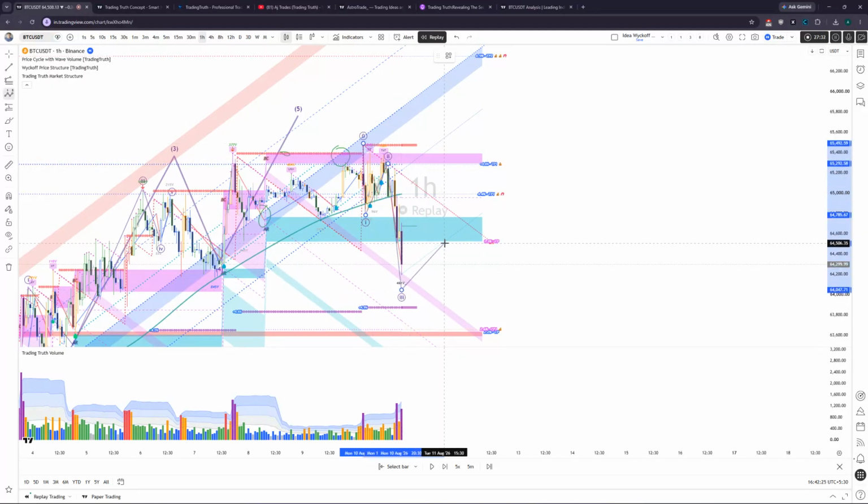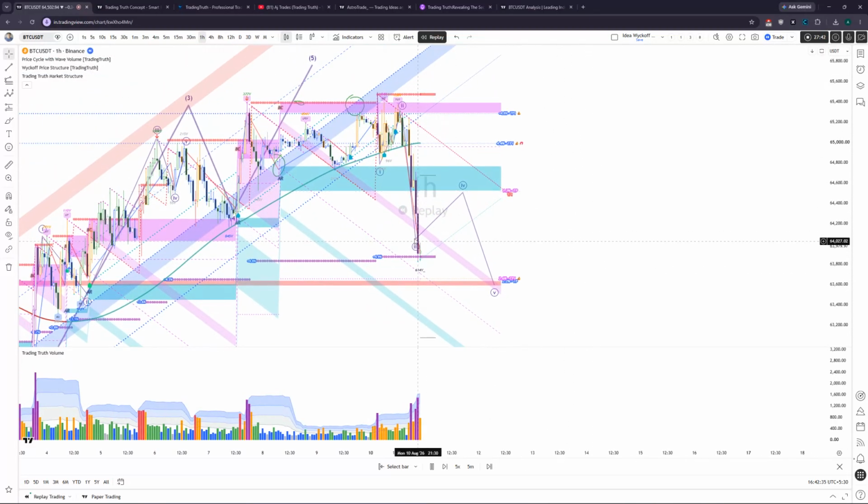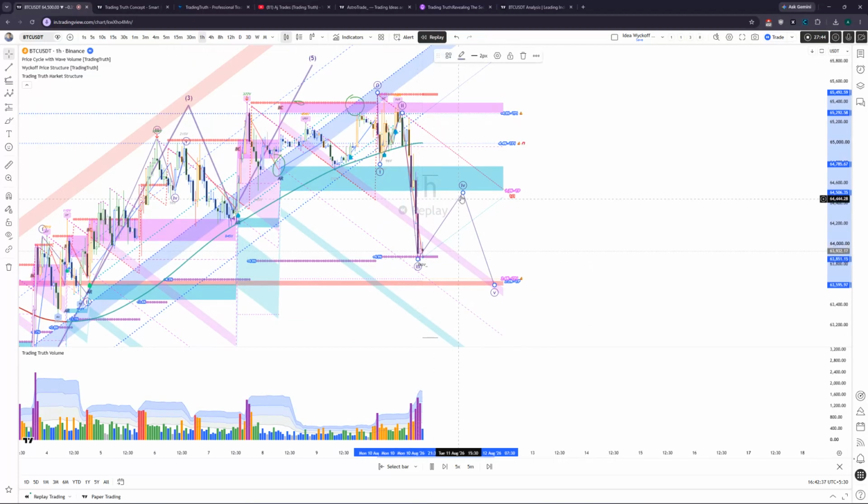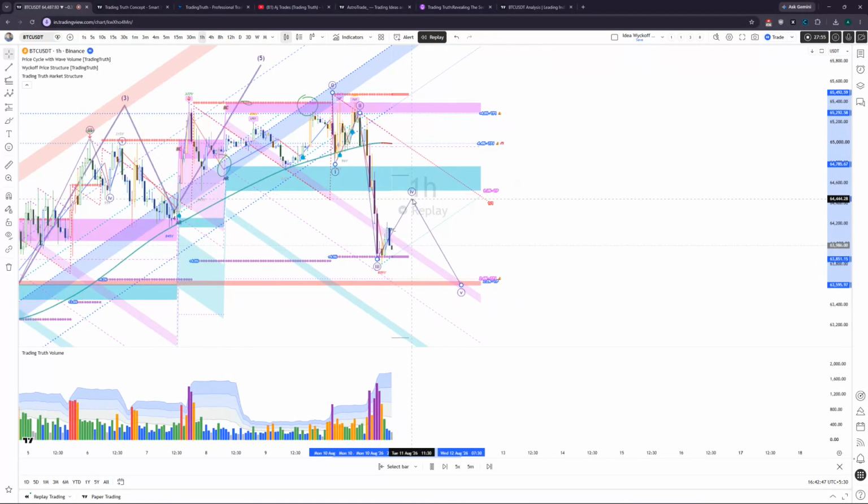Fourth wave will be around here. Then we're going to target the trade on the fifth wave. That's my third wave. That's the longest, so we should have been aware of that. That was the test of upthrust. No worries, we're going to trade the fourth wave.